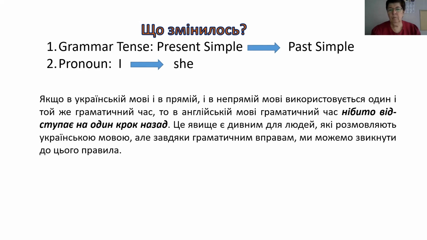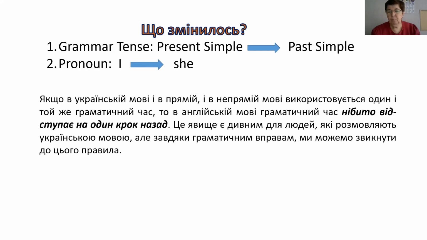When we are talking about changing from direct into indirect speech, we have to understand that in Ukrainian, in both direct and indirect speech, we use the same grammar tense. When we're doing the same in English, the grammar tense makes a step back.